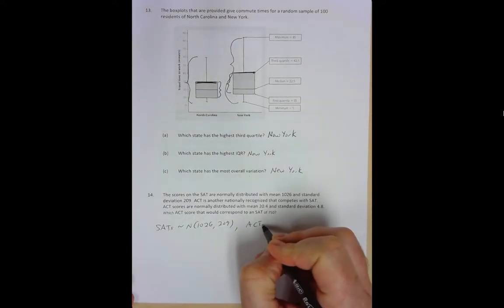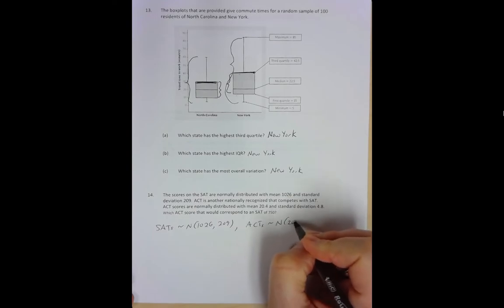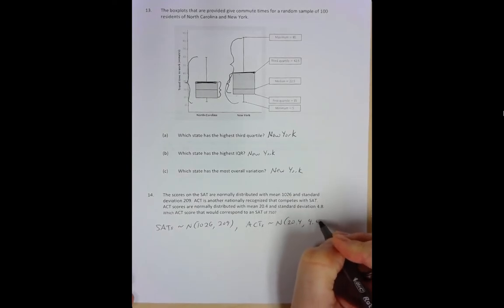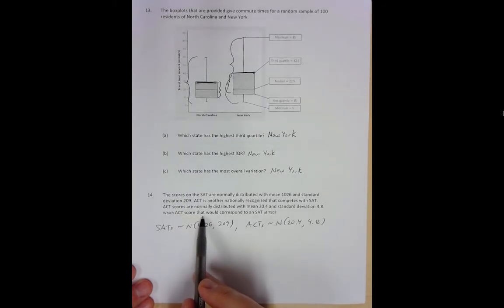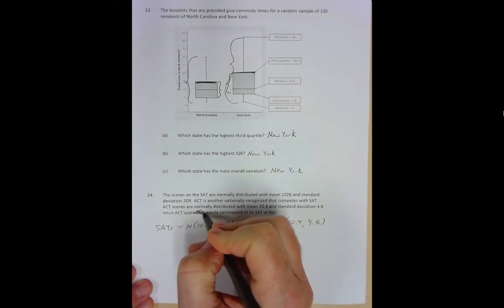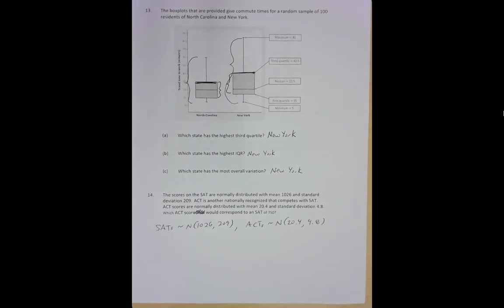The ACTs are also normally distributed, with a standard deviation of 4.8. Which ACT score would correspond to an SAT of 750?